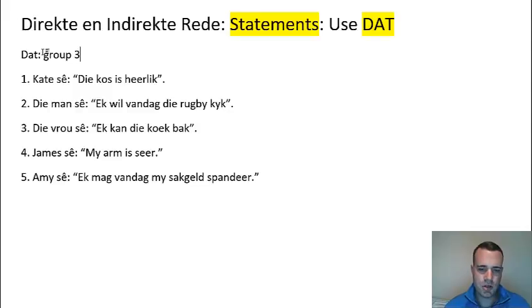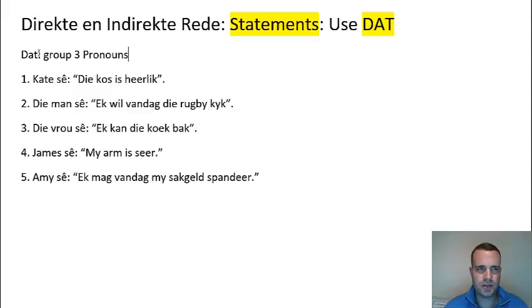The other thing that's difficult about Direkte and Indirekte Rede is pronouns. James says, "I'm hungry." James said that he is hungry. So that he, it's instinctive when you're an English speaker, but you need to know your pronouns in Afrikaans.